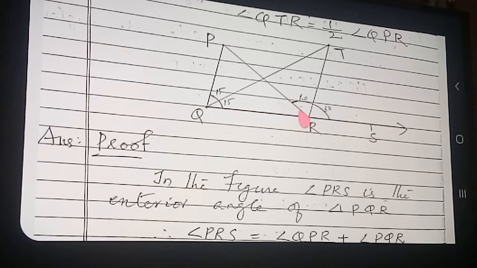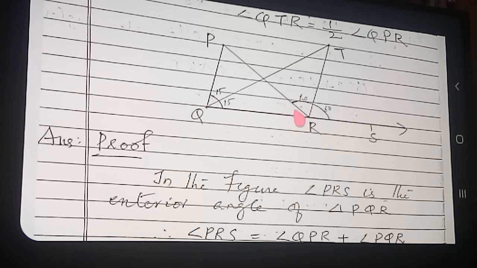So you have studied a property: the measure of the exterior angle is equal to the sum of the interior opposite angles. Very, very important for riders. Which are the interior opposite angles? For PRS, angle R is the nearby angle, so you take the remaining angles.